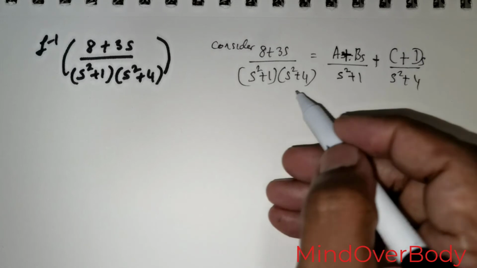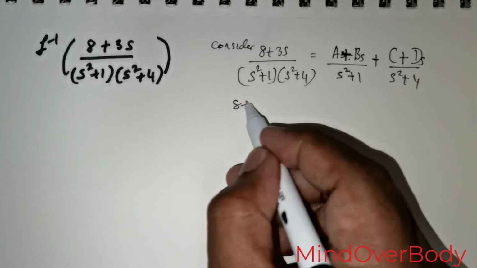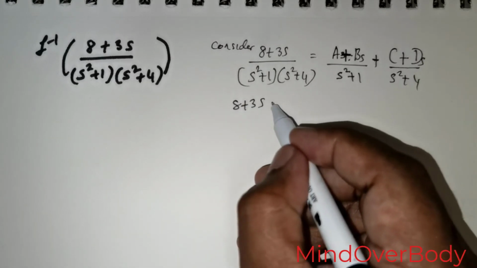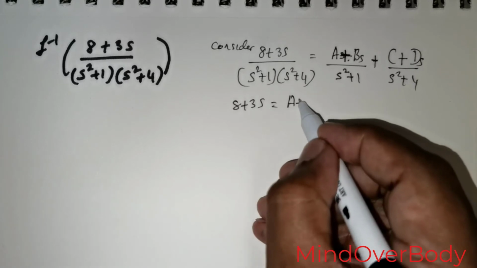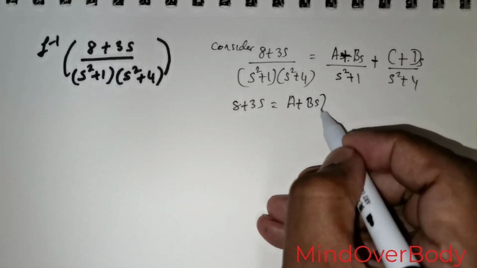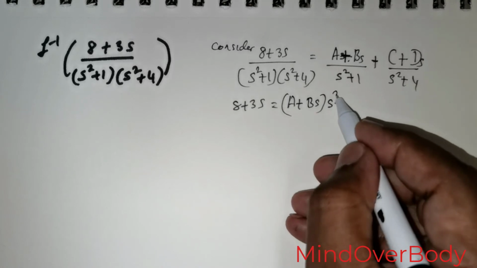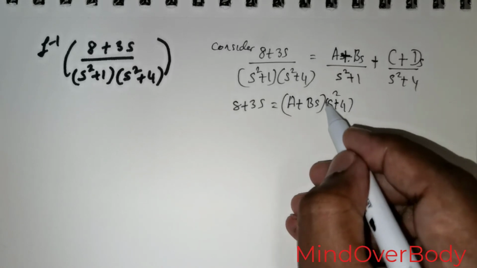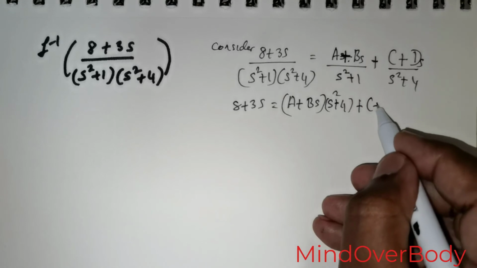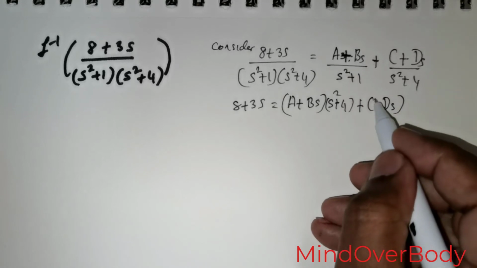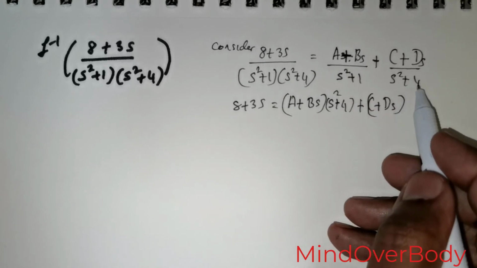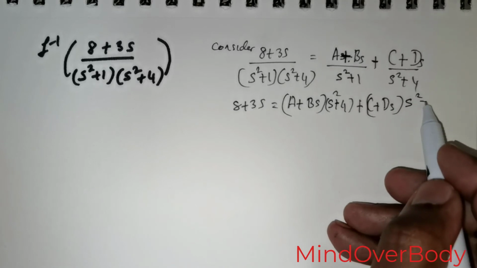Now cross multiplying, I would get 8 + 3s is equal to (a + bs). (s squared + 1) will get absorbed, giving me (s squared + 4), followed by (c + ds) times (s squared + 4) will get absorbed, giving me (s squared + 1).